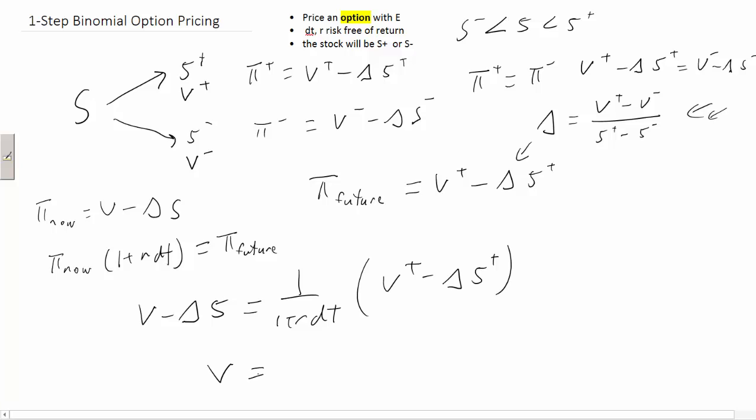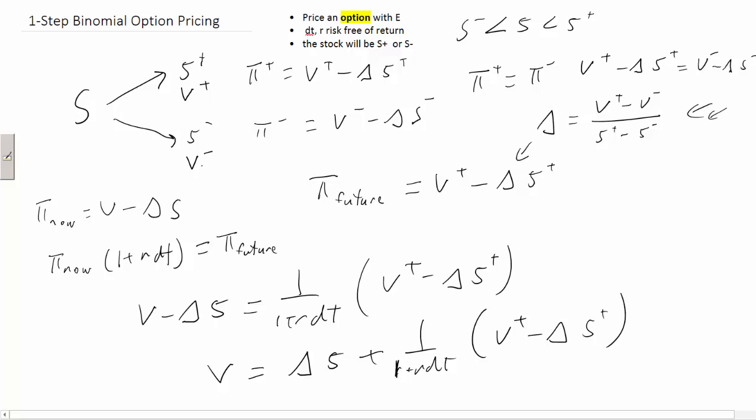which means the value of the option, which is what we're trying to figure out, what's V, how much should I pay for this option, is delta S plus discounted 1 plus R dt, V plus minus delta. Now, as soon as I have what kind of option it is and the stock prices, if I have all the S's and I know what kind of option it is, then I can figure out the 2 V's.